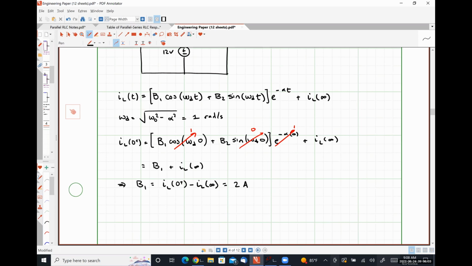Now we need our derivative-based relationship, which will be the inductor voltage. So VL as a function of time is given by L di by dt, which is going to look like L multiplied. Now I'm going to look at my table here.